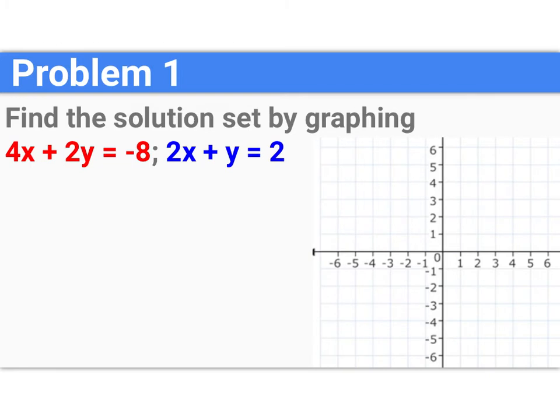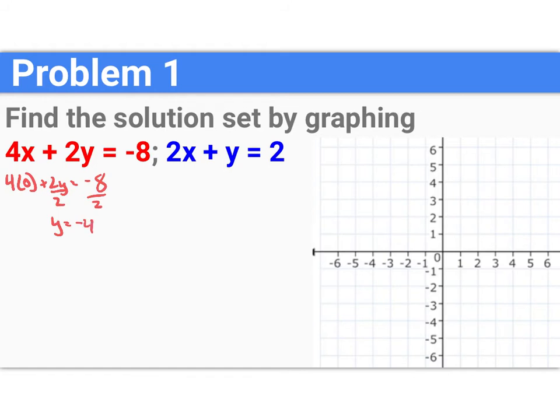Okay, so find the solution by graphing. So we have our things in standard form. But when we're in standard form, we're just going to look for the intercepts. So we're going to substitute 0 for x, and we get 2y equals negative 8, divide by 2. y equals negative 4.